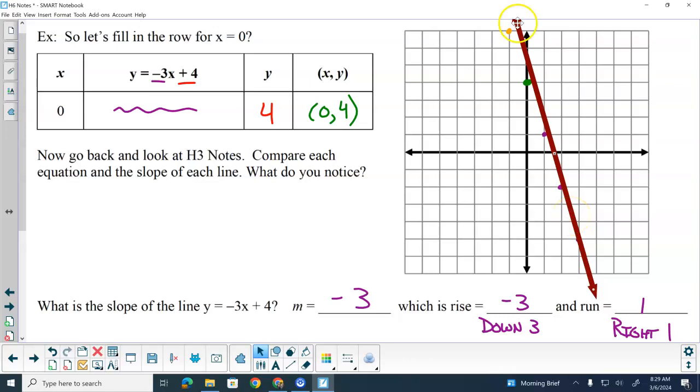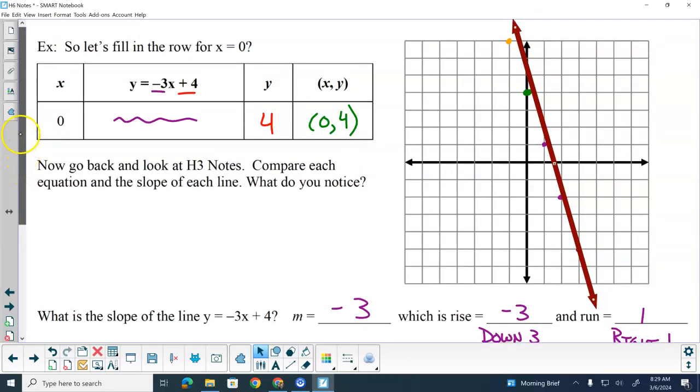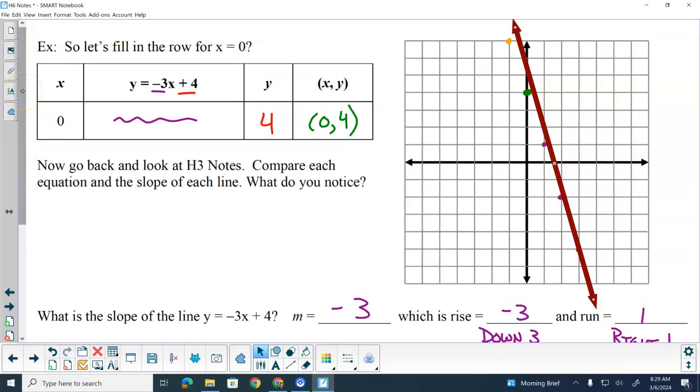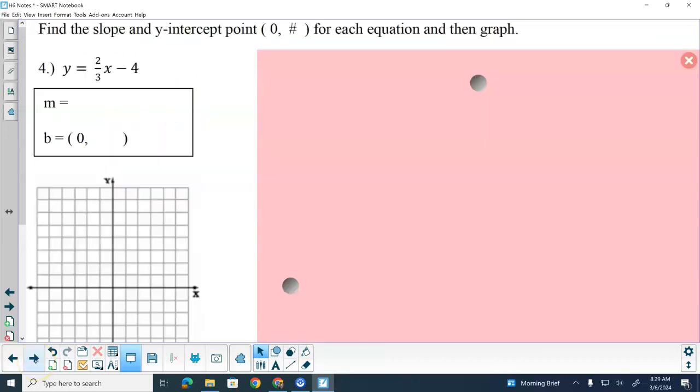I know it's bad. Come on. Okay. Try some more. Now I think we're on the back side.